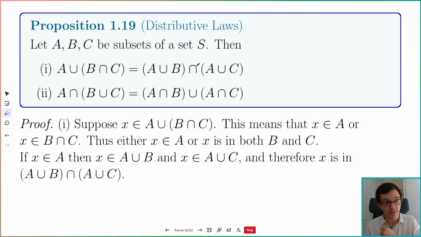That means it's qualified to be in the intersection. Therefore, X is in the intersection. I also need to check this idea that if X is in both B and C, it's on the next slide, but while I'm here, it's going to be that it's in both of these bracketed terms for exactly the opposite reason, right? That it's in B, so it's in this, and it's in C, so it's in this. It once again qualifies to be in the intersection.